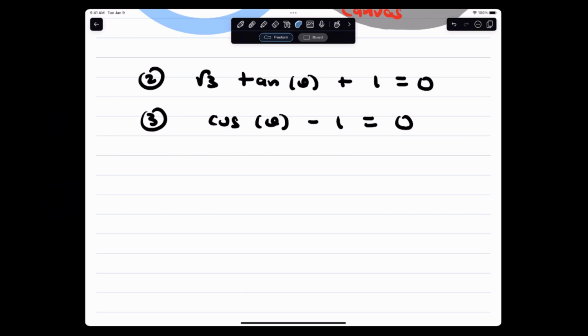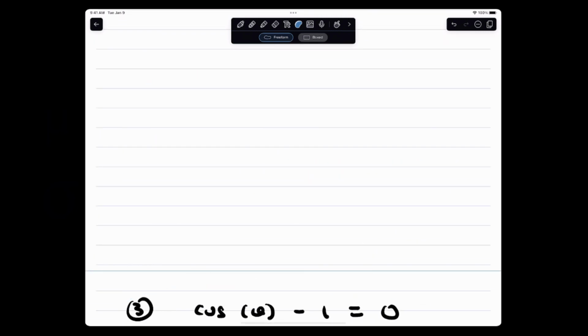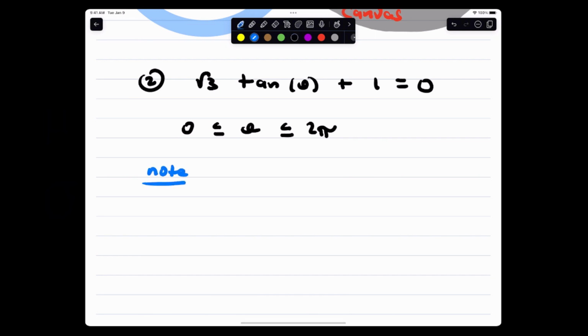Okay, so we have to solve some trig equations now. All right, so ladies and gentlemen, let's go back to where we left off. What do you guys think? Right, remember, we're trying to solve trig equations, and at first they're going to say to you, let the angle theta be between 0 and 2 pi. So I want you guys to note here, what in the world does that really mean?